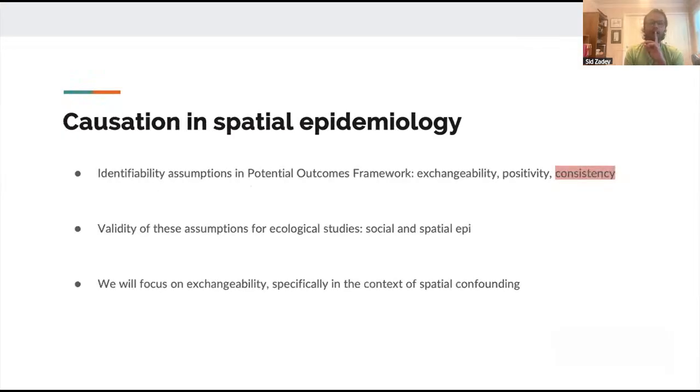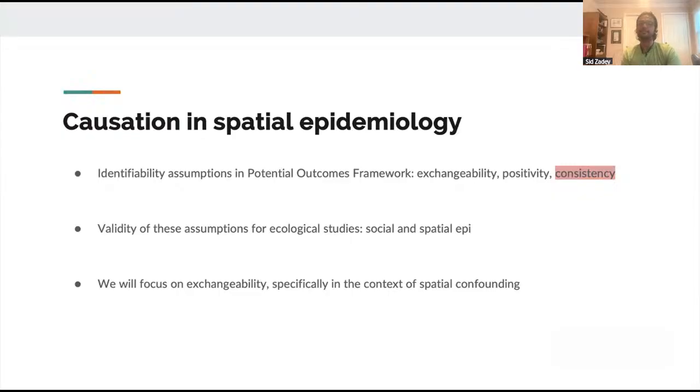Regarding causality in spatial epi, we are still moving more and more towards the potential outcomes framework. Again, a lot of this is epidemiology driven. If this does not make sense, please let me know.